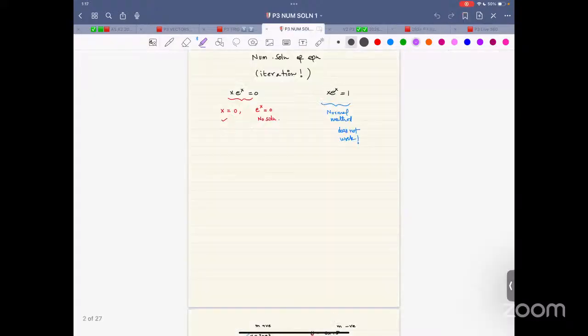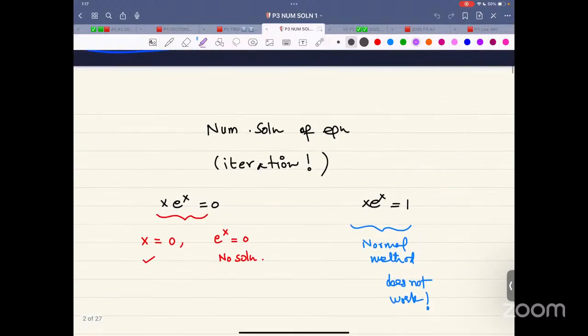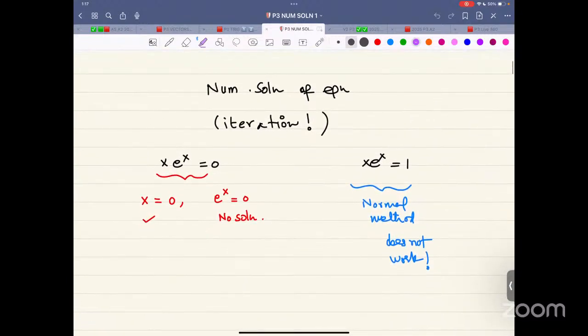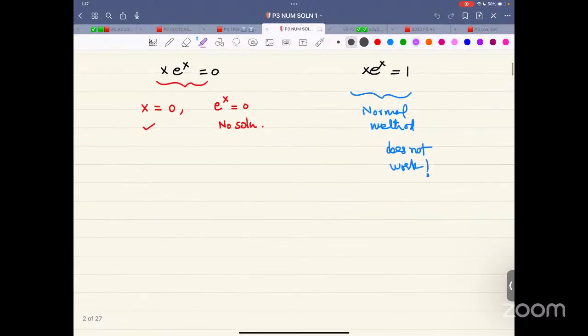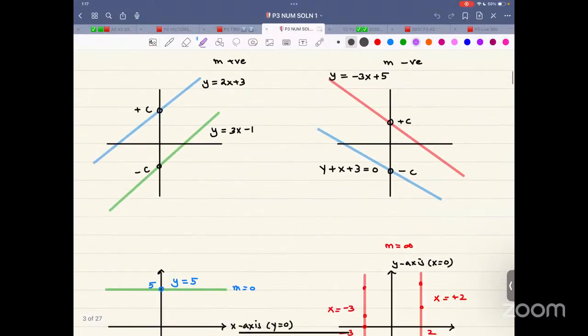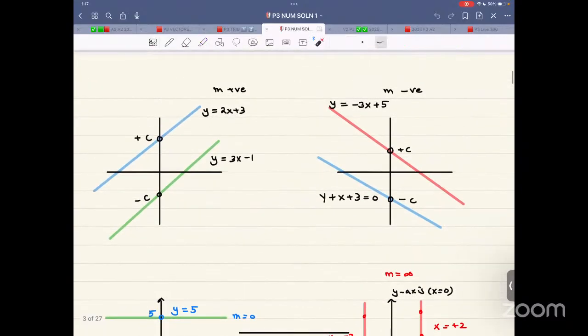Let's talk about numerical solution. Numerical solution of equations which don't have a solution the normal way. Just a brief overview of things that we have done related to P1, P3, and then O-level maths. That is about equation of a line.